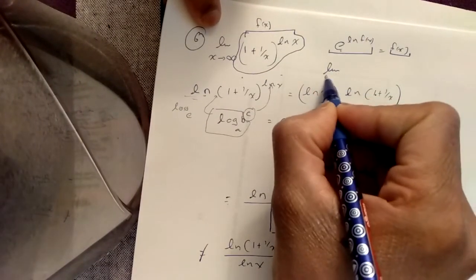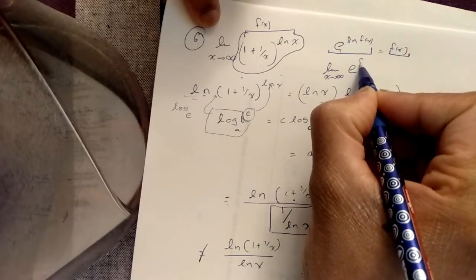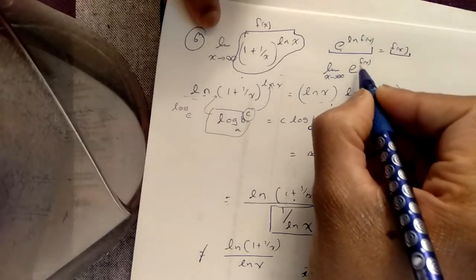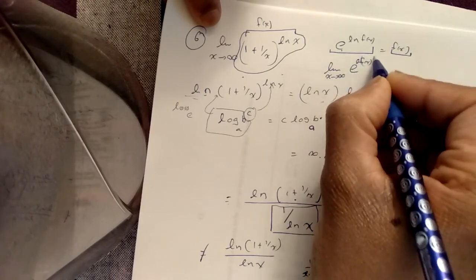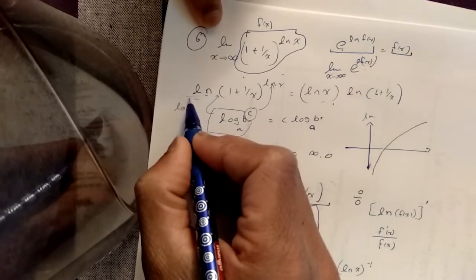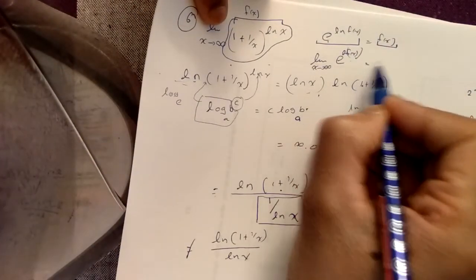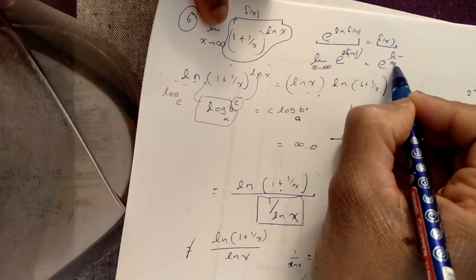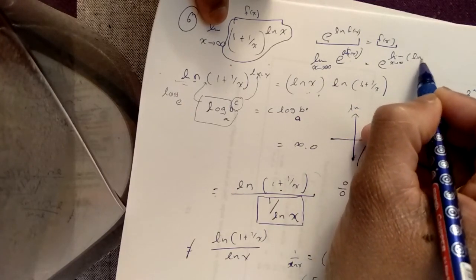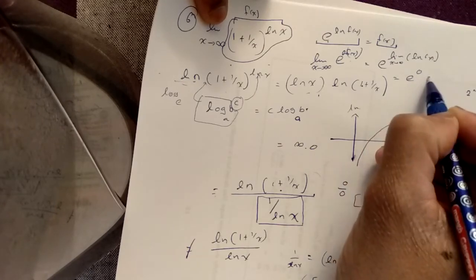So the limit of this is equal to the limit of e to the ln f(x), right? And we have calculated the limit of ln f(x) as 0, right? That means this is equal to e to the limit of ln f(x), which is e to the 0, and that is equal to 1.